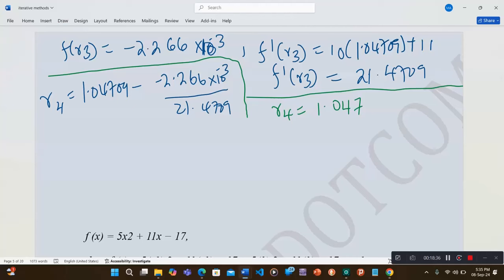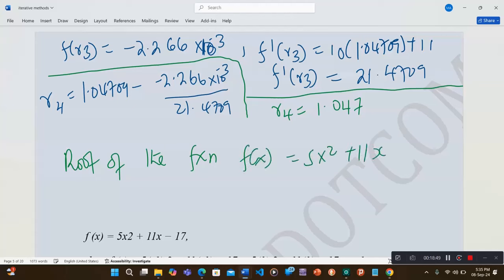Therefore, the root of the function f of x equal to 5x squared plus 11x minus 17 is 1.05, and these are the three significant figures.